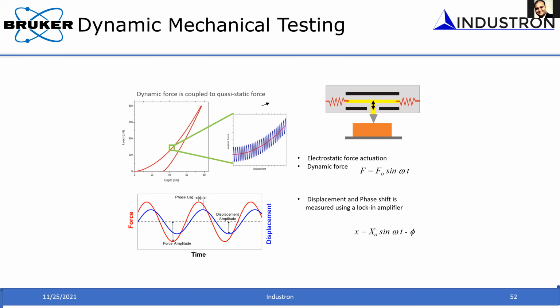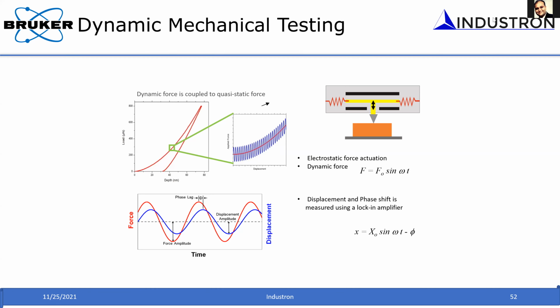So we use a unique measurement technique, which is a lock-in detection technique. It's a specialized amplifier, a vector amplifier, where we can apply a known frequency of force amplitude and measure the displacement response at the same frequency using lock-in detection. That helps us measure the displacement response even though the displacement amplitudes are very, very small, less than a nanometer.